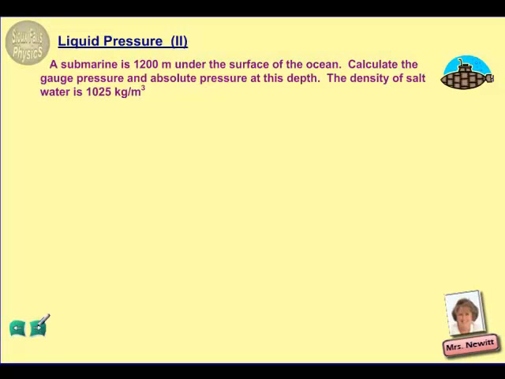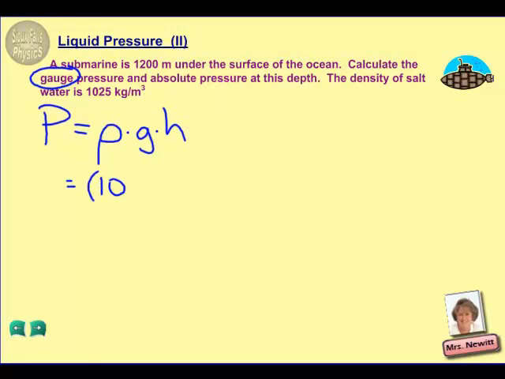And remember that when we say gauge, in reality what we really mean is just the pressure that is caused by the liquid itself. So this part would be represented in our equation by the density times gravity times height portion. And all of these quantities have been given to us in the problem. 1,025 for the density.